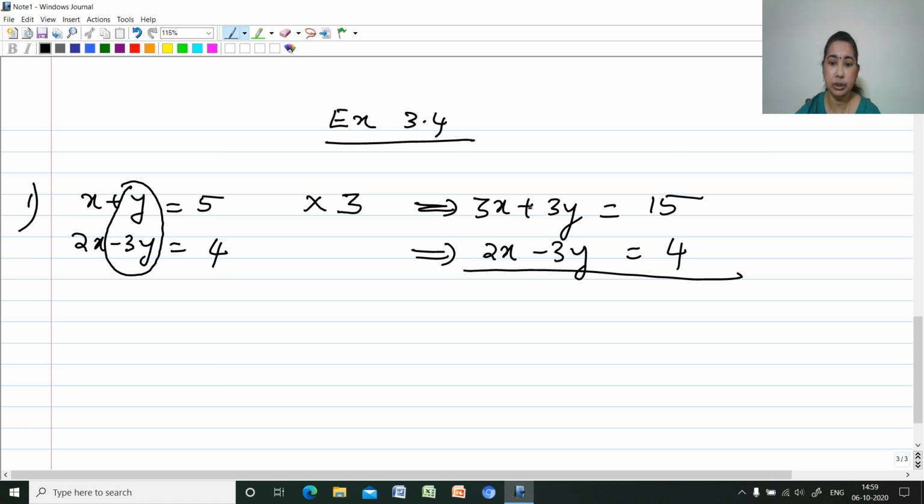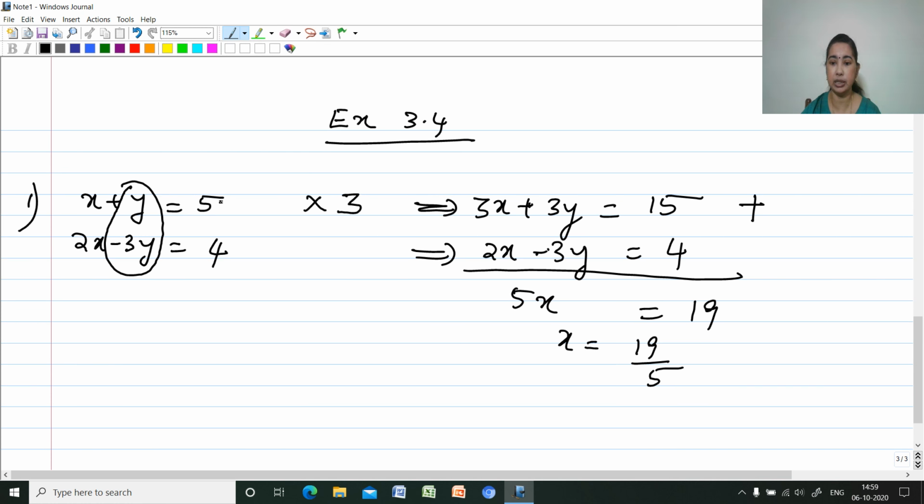Now here both have different signs, and in order to cancel this we can add. If it is different sign and the same variable with the same values, then you can add so that it will be cancelled. Adding this, you get 5x, and this side you get 19, or x is equal to 19 by 5.